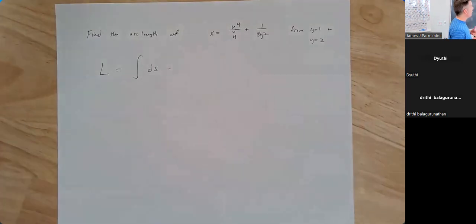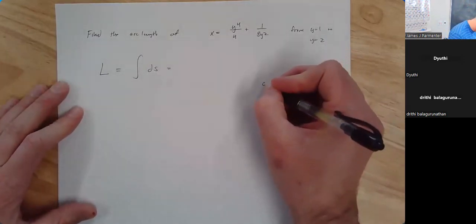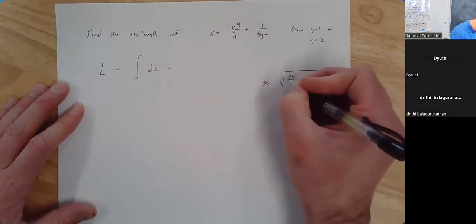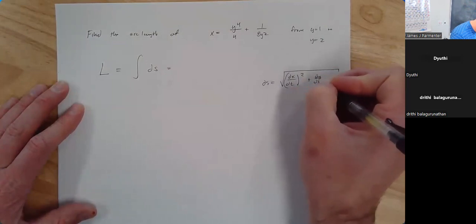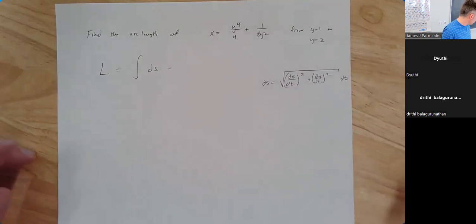And depending on how your function's written, it's going to be one of 3 ds's, right? Your options for ds are, just to point out over here, you don't see this one a whole lot. This is the one we started off with, the square root of dx/dt squared plus dy/dt squared dt. We did one example like that parametrically.